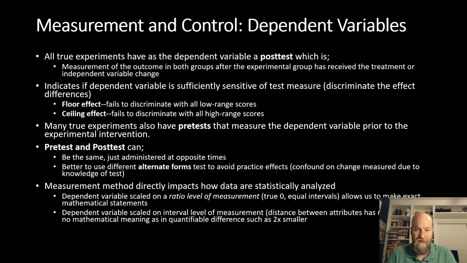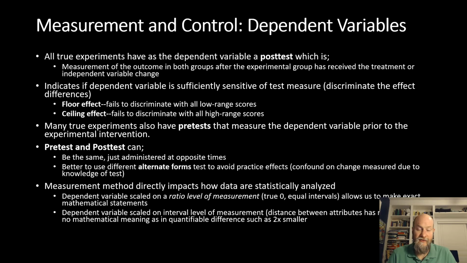There are certain specific problems we run into. The term that we utilize sometimes for one type of problem is what's called a floor or a ceiling effect. So a floor effect is a dependent variable, a measurement, a post-test, which fails to discriminate between the people in the groups because everyone scores in a low range.